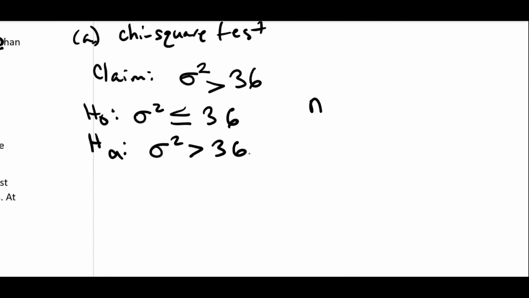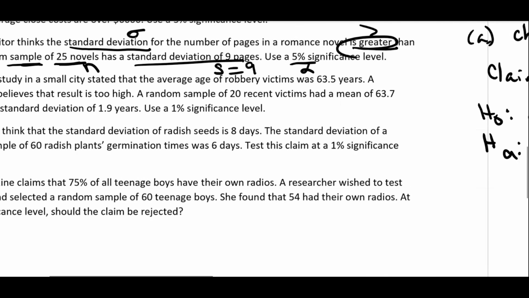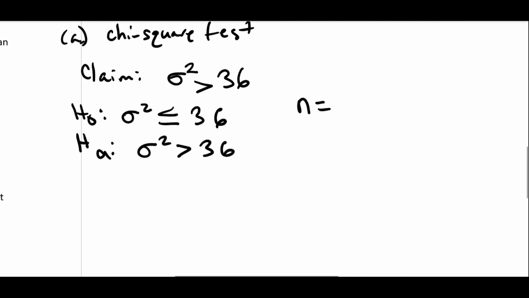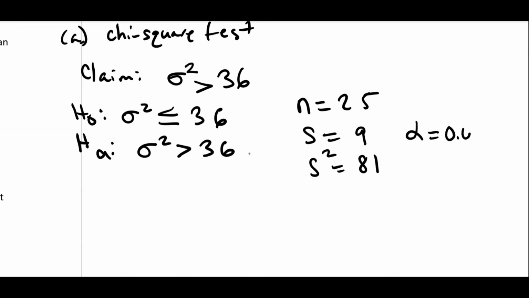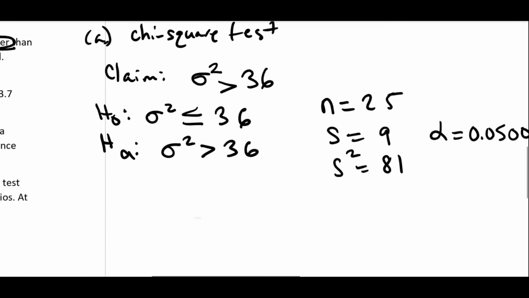So we know that N is 25 novels. We know that S is 9, which means that S squared is 9 squared, and 9 squared is 81. All right, and then we know that our alpha is 0.0500, 5%. Okay, so we know those things.